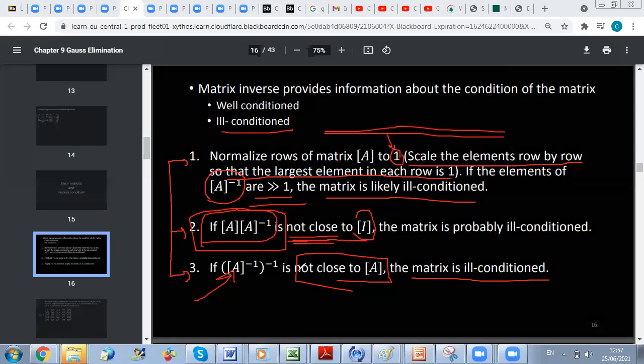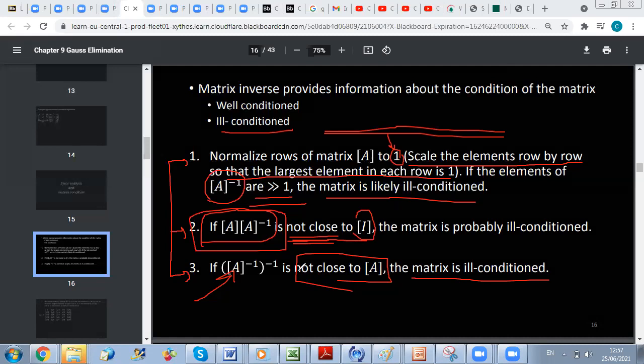Okay. Now we will take some examples together and do their analysis just to see how we can judge roughly the degree of illness. We can compare matrices in this way, the degree of illness of matrices, or say that it's likely ill conditioned or probably ill conditioned.